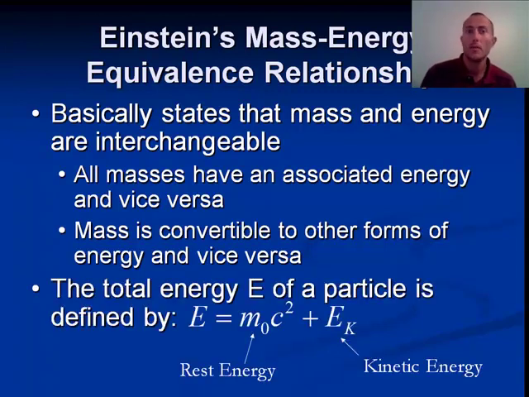If we expand it a little bit more, the total energy is equal to mc squared, where m is the mass and c is the speed of light, plus any kinetic energy that the particle might have because of its motion. That gives us the total energy that any given piece of matter might have.